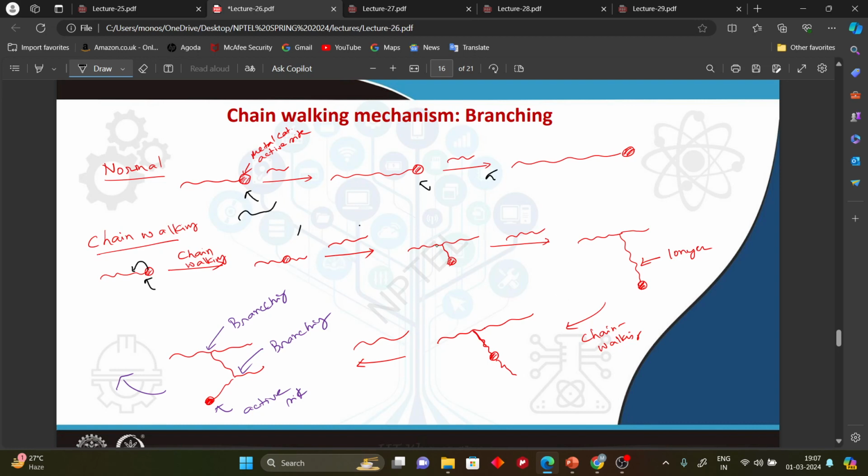Now if polymerization happens, you can see that obviously the branching would be there. Again, this can be longer like this, and again, that metal site can shift, and again, more branching can occur. So that's how the active site can shift its positions like this, and ultimately you can have long branching units. So that's why it's called the chain walking mechanism, and mainly branching.